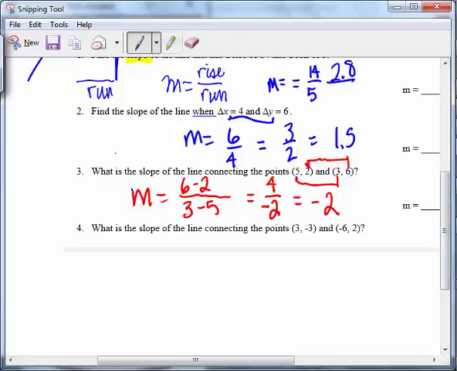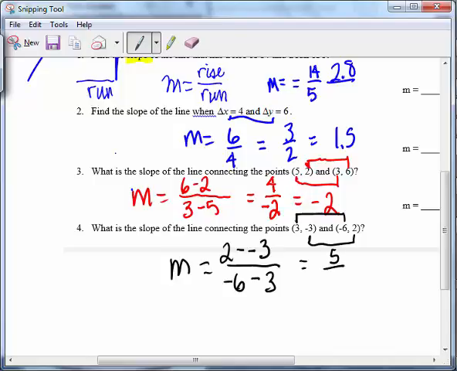Next one. And change colors again. The slope is change in y over the change in x. So 2 minus negative 3 over negative 6 minus 3. 2 minus negative 3 is 5. Negative 6 minus 3 more is negative 9.